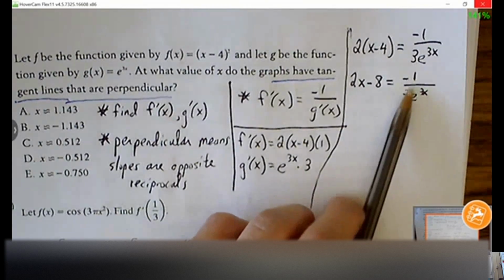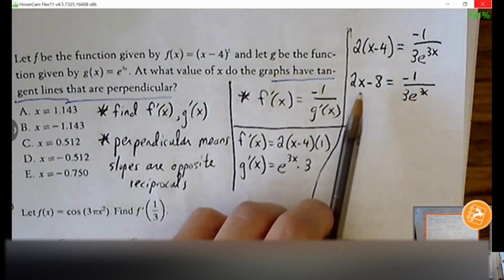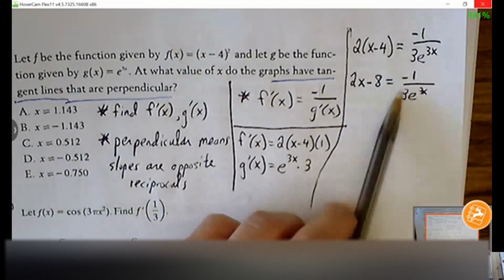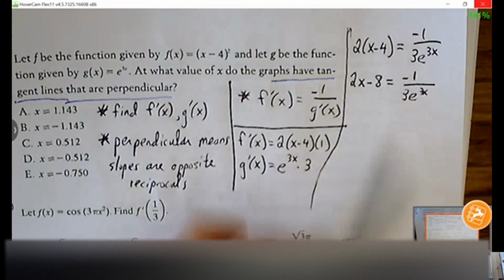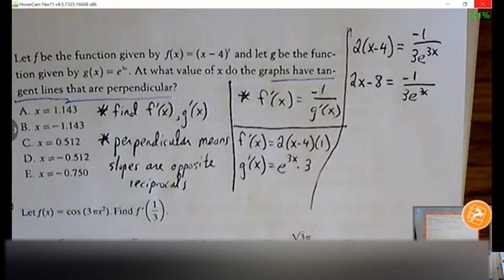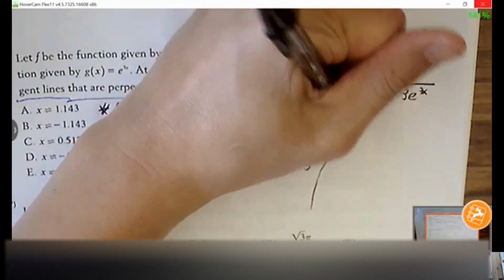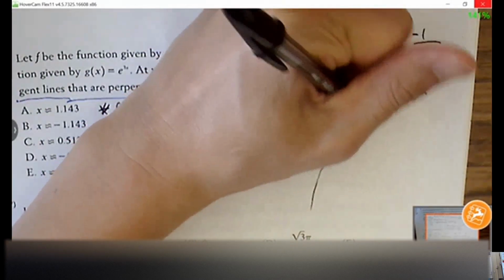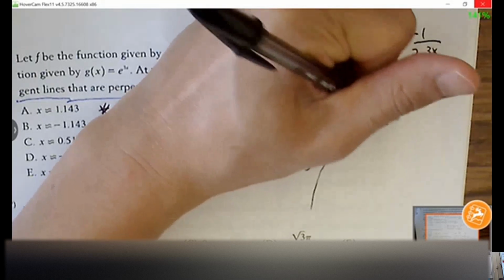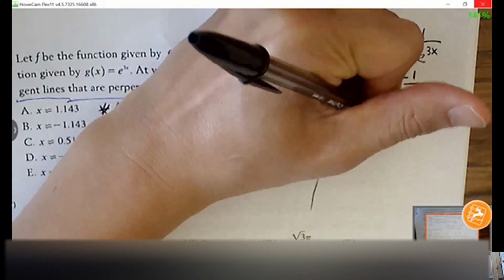Actually, I'm not going to cross multiply. I'm just going to add this over to the other side, right? So I have 2x minus 8. I'm just going to add that 1 over 3 e to the 3x over. I'm going to have all the terms on the left side, and I can just get a 0 to show up. If I get a 0 to show up, I can just look for the x-intercept. This is not something that we can solve by hand.